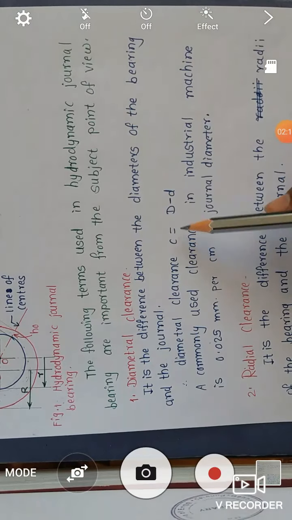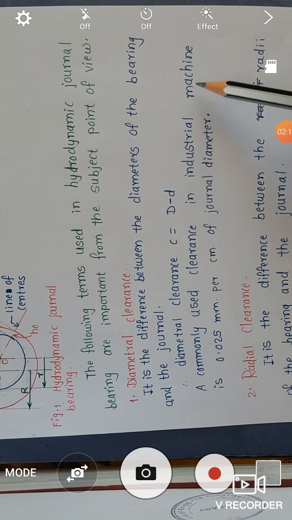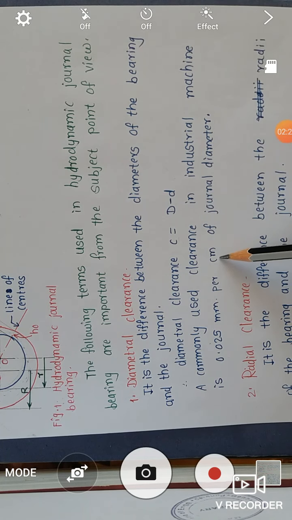So C is equal to D minus d. A commonly used clearance in industrial machines is 0.025 mm per centimeter of journal diameter. As the size of the journal increases in centimeters, we increase this value of 0.025 millimeters accordingly.